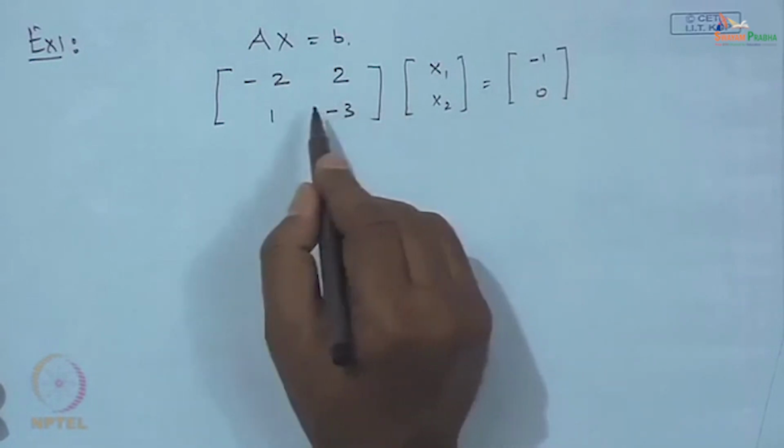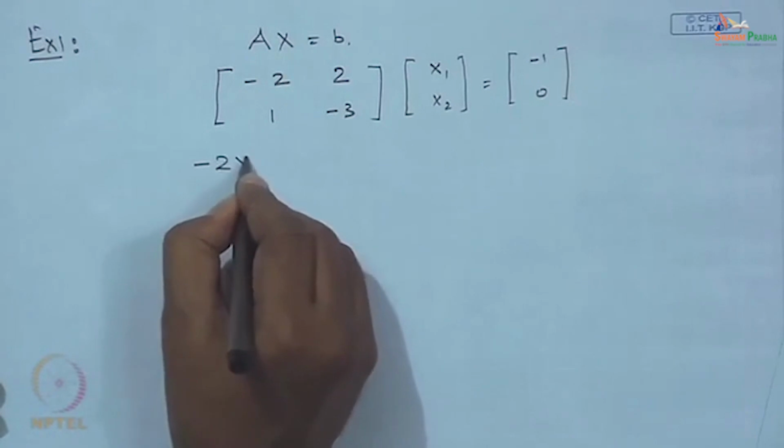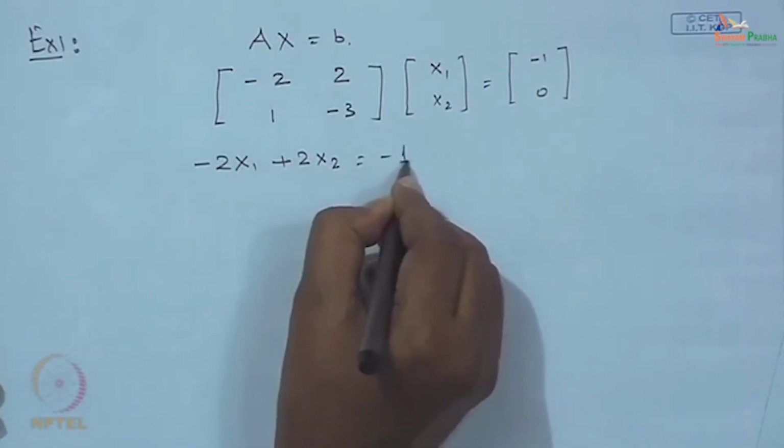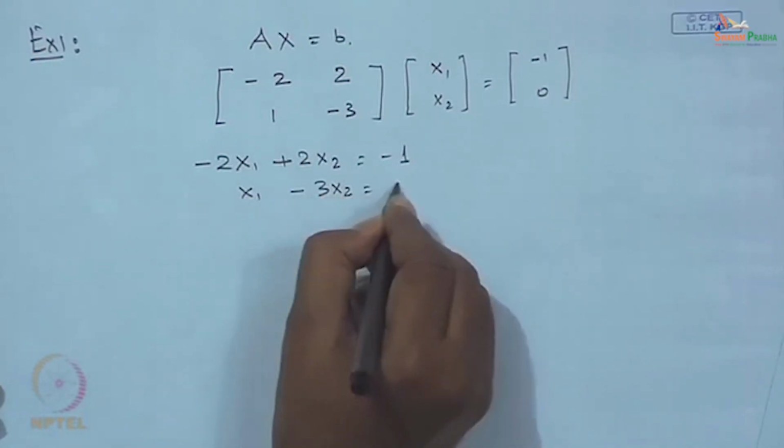So basically, the chemical engineering system will be described by -2 x1 plus 2 x2 is equal to -1 and x1 minus 3 x2 is equal to 0.